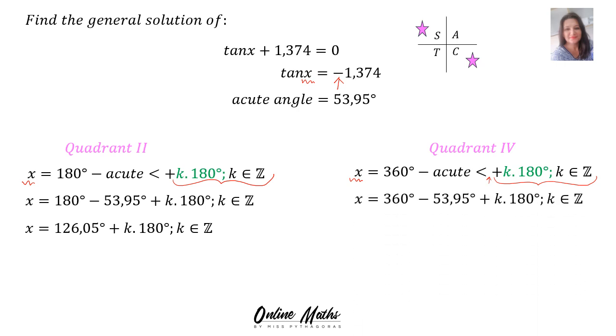Now we can substitute the acute angle, therefore it's 360 degrees minus 53.95 degrees plus k times 180, k element z, and then your final answer, general solution in the fourth quadrant, will be x is 306.05 degrees plus k times 180, k element z.